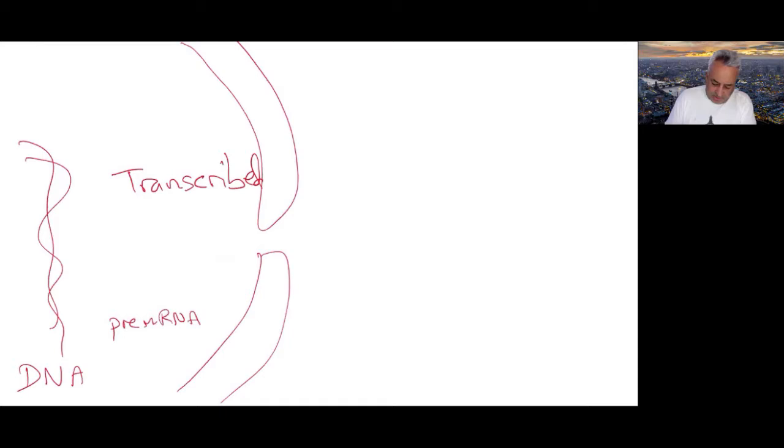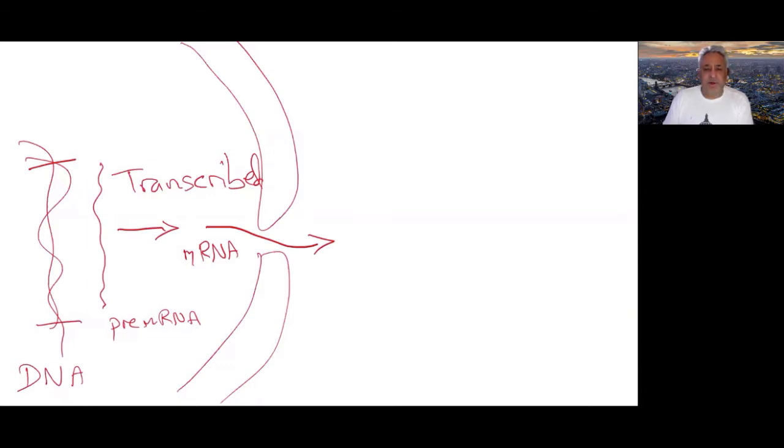Okay, and that is from the promoter to the terminator of the gene. And therefore, you get your pre-messenger RNA. Then the pre-messenger RNA can be processed to form messenger RNA. Subsequently, the messenger RNA is then exported out of the nuclear pore into the cytosol.